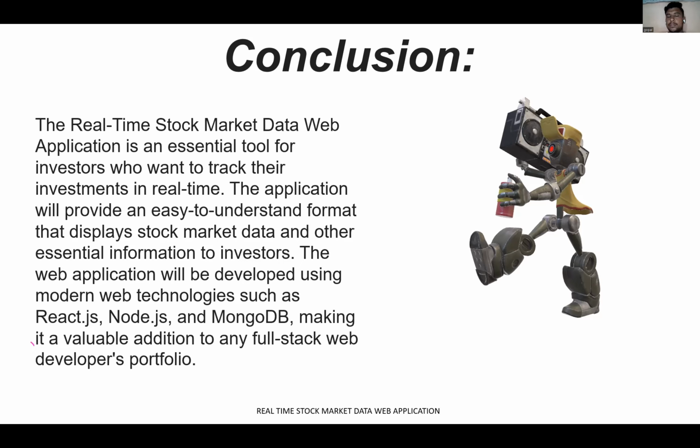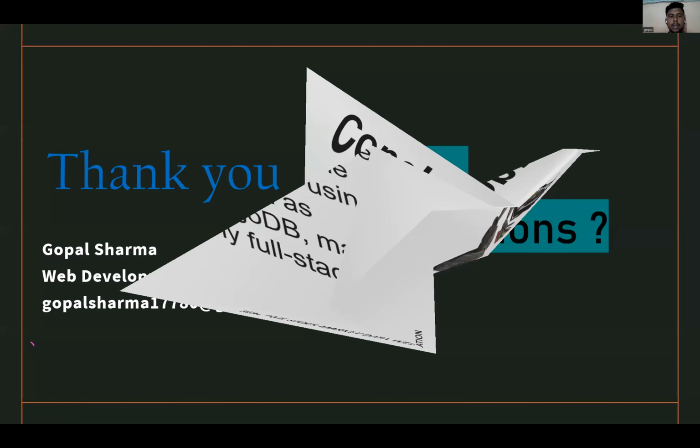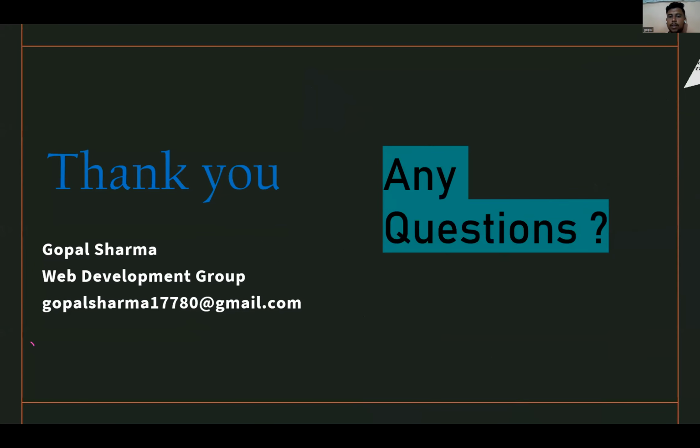Building a real-time stock market web app requires ensuring data accuracy and reliability. So this is our conclusion, sir. In the last, thank you. Thank you for watching, and any questions regarding this.